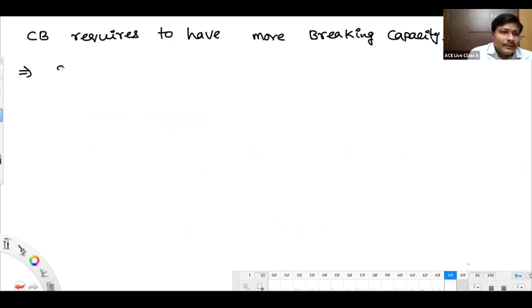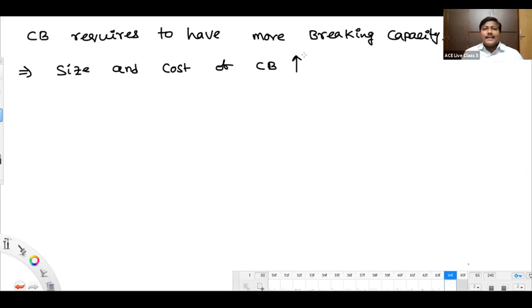That implies the size and cost of the circuit breaker will be increased. This is one of the potential disadvantages.